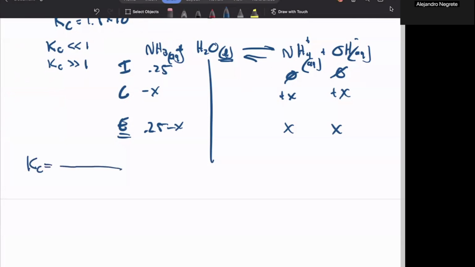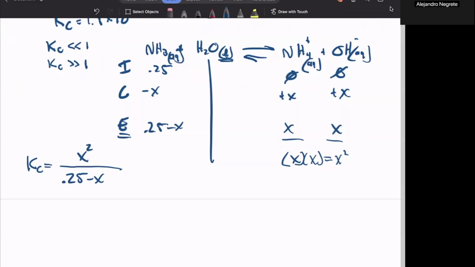Products over the reactants. x multiplied by x, so we know where I'm going here. x times x is equal to x squared. So x squared over 0.25 minus x.